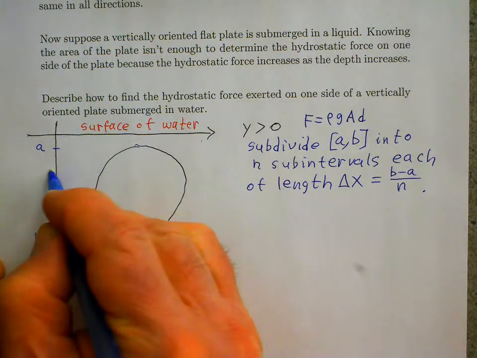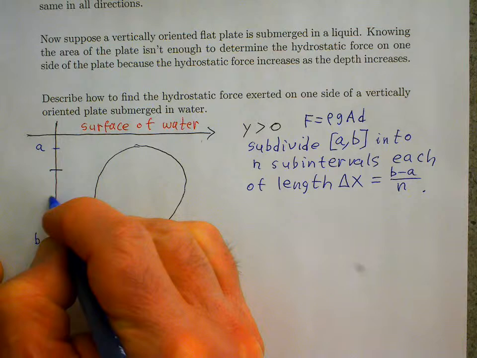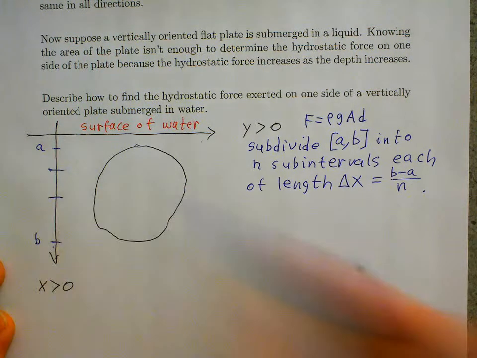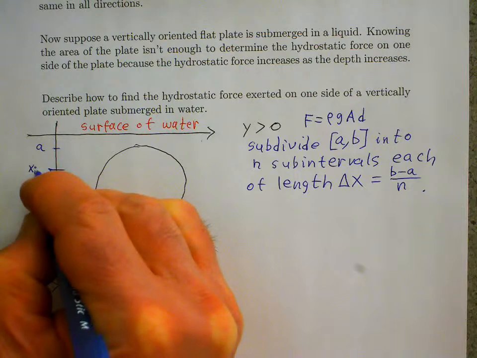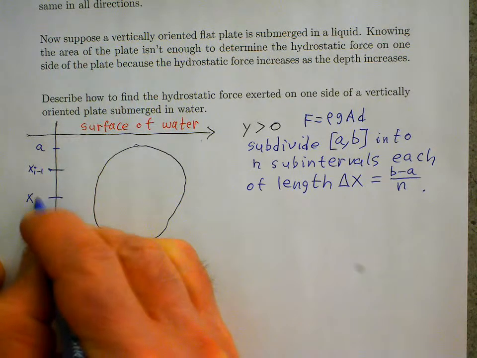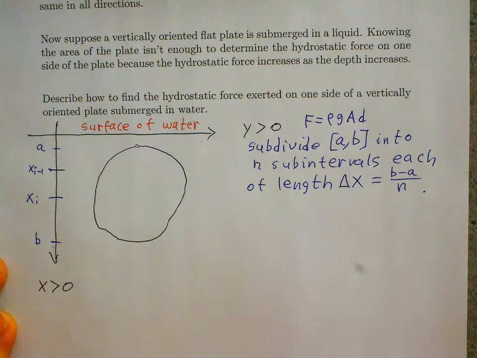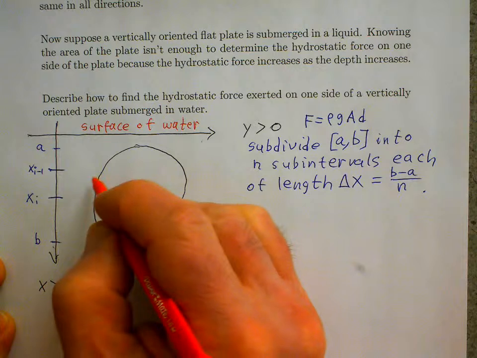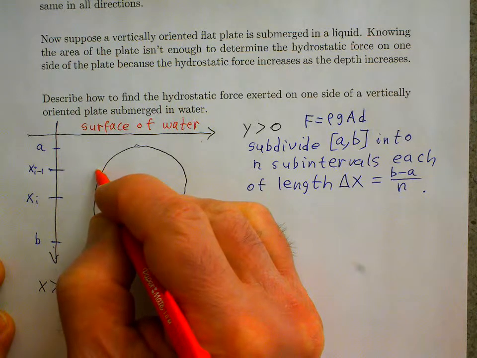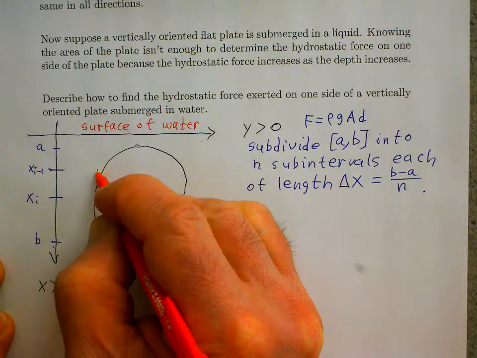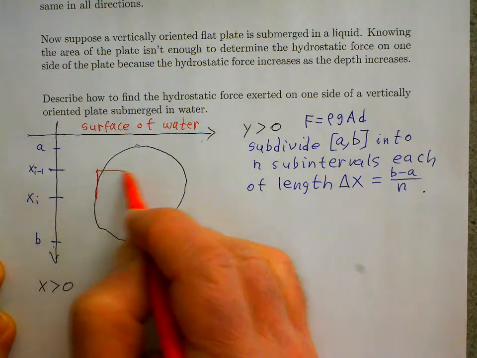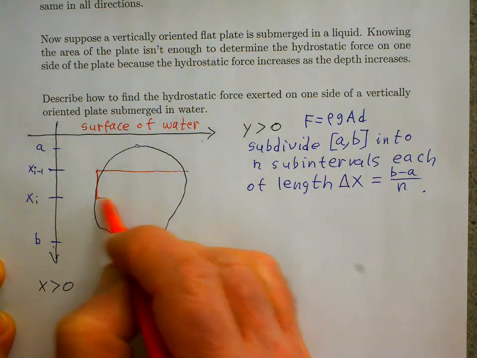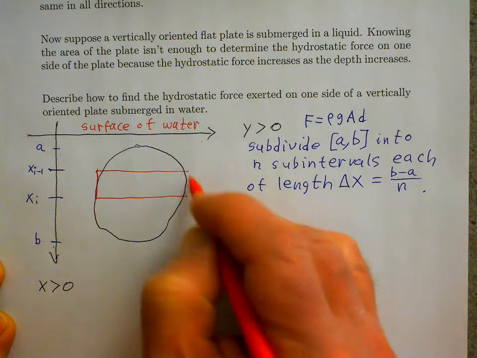So I'll pick out one of those subintervals here just so that we have something to look at. This will be from x sub i minus 1 to x sub i. And on that interval, we're going to approximate the area of the plate on that interval with the area of a rectangle.